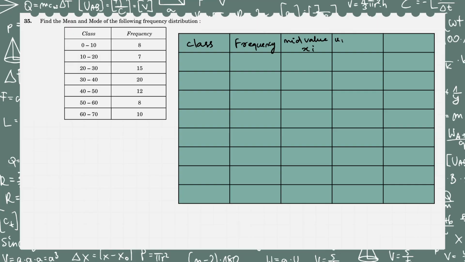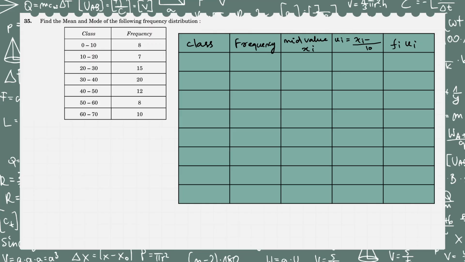So we are going to find ui equal to xi minus assumed mean divided by size of the class, right? Size of the class is 10 here, so that I am going to put here. That assumed mean we will decide later. Okay, so here we will find fi into ui in the last column.